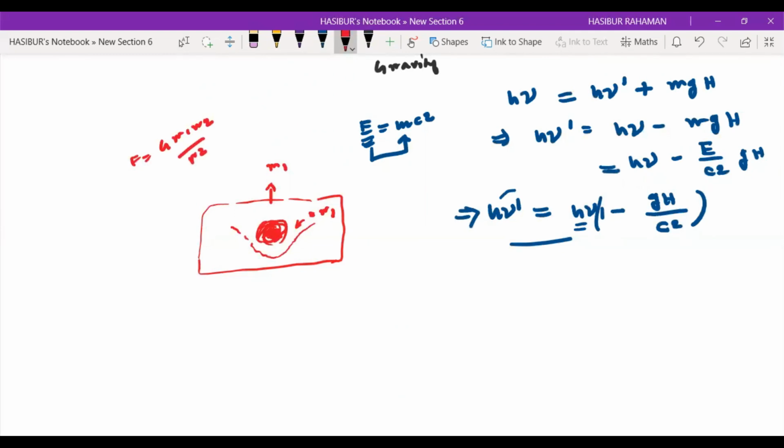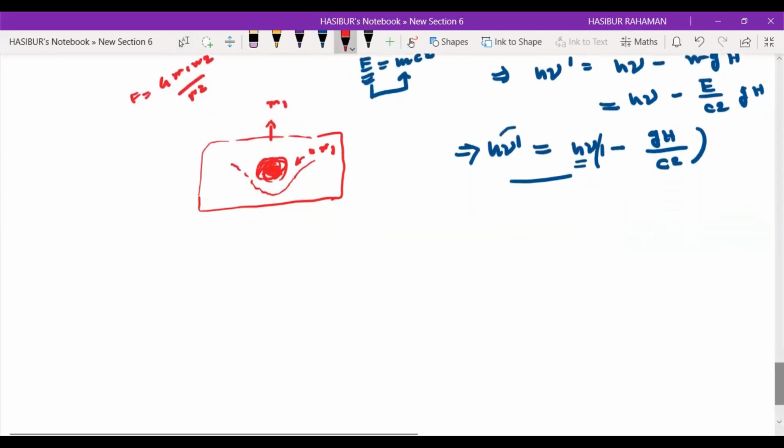Now let's talk about another astronomical effect. There is a star, and it is radiating. It gives some radiation that has some characteristic frequency or wavelength.